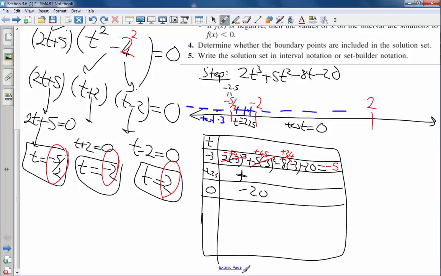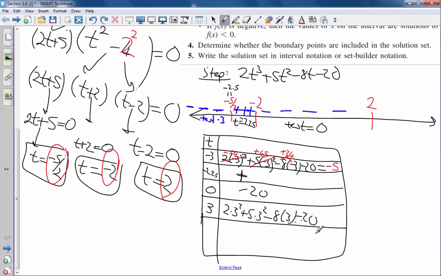After 2, what is the best one? 3? Or if you like working with tens, some people like 10. It's easy to cube 10, but 3 is fine because we already have 3. You know how to cube 3, right? So get this.